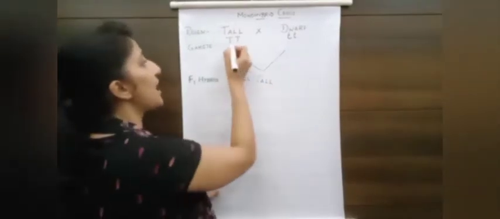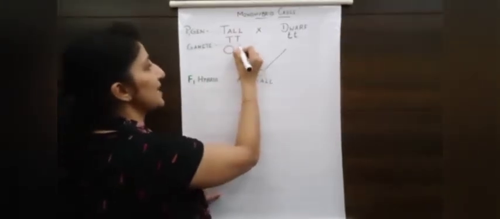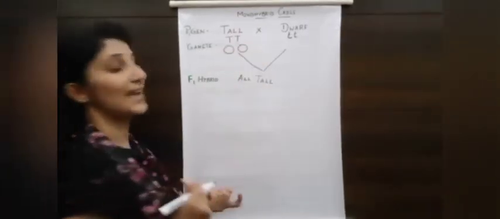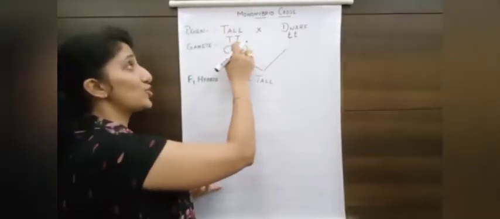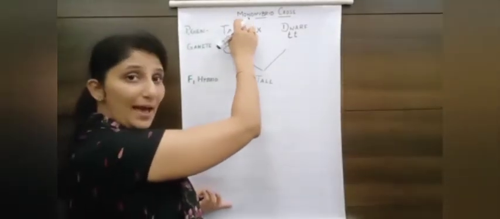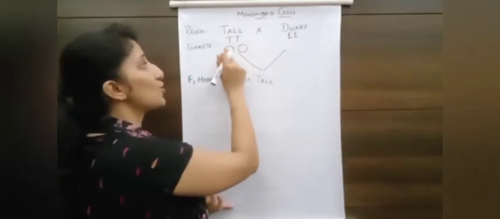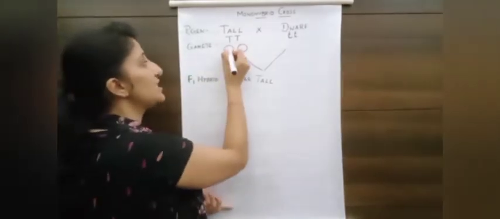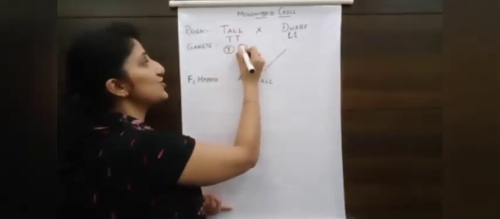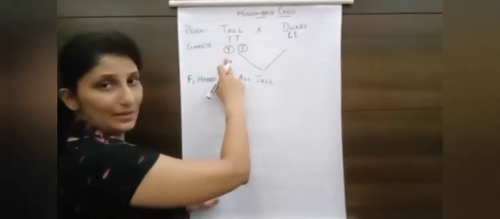So gametes are represented in the next step. And as we said, in the law of segregation, the factors which occur in pairs in the parents separate at the time of gamete formation so that only one factor enters into one gamete. So each gamete has only one factor, that is capital T. Is it clear?